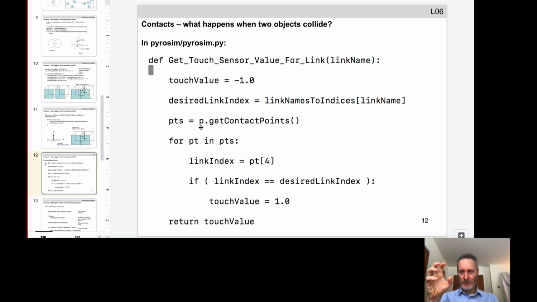So if that object with the touch sensor inside of it actually is in contact with the ground, for example, the physics engine will have already sprinkled some points within the volume or the area where the object and the ground have come into contact with one another. And if any of those contact points are associated with the link we're interested in, we set the touch sensor in that link to 1.